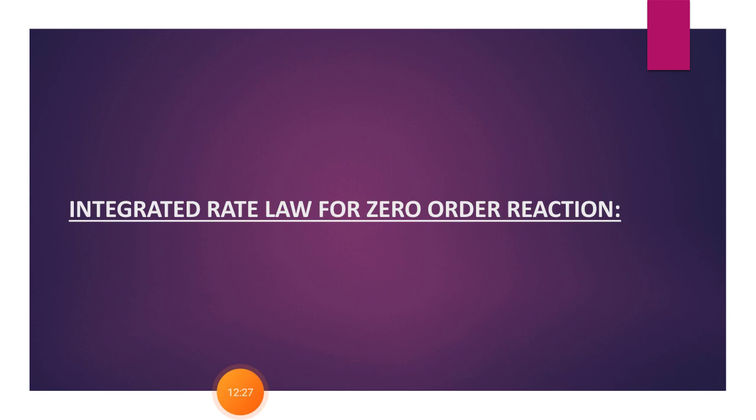Now we are moving towards the integrated rate law for zero order reaction. What is zero order reaction? This order has been determined experimentally. Now the rate of zero order reaction is independent of the reactant concentration. The rate is not dependent on the reactant concentration.